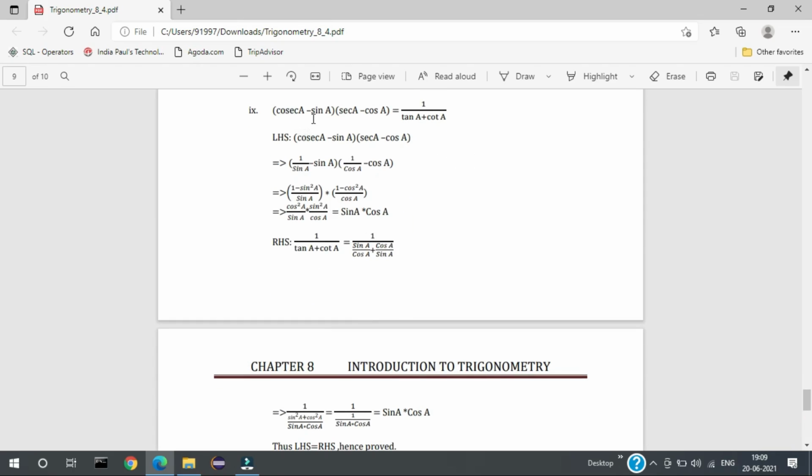Coming to last, ninth one. (cosecant A minus sin A) into (secant A minus cos A) equals 1 by (tan A plus cot A).